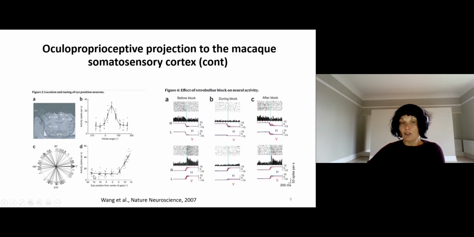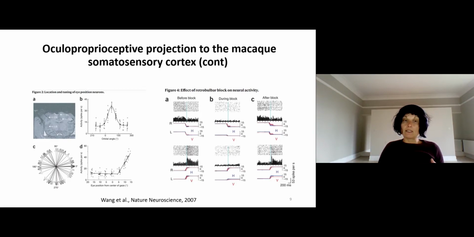And something interesting that I will come back to when talking about transcranial magnetic stimulation later on: the firing rate, so the intensity of this neural activity, scaled with the eccentricity of the target. So the further from the center a target was, the higher the firing of the neurons.